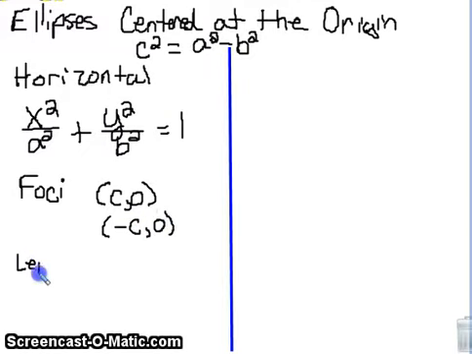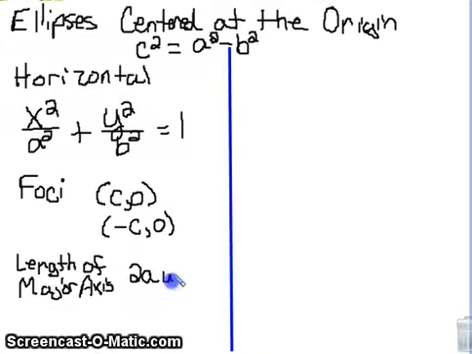The length of our major axis is 2a units, and the length of the minor axis is 2b units.